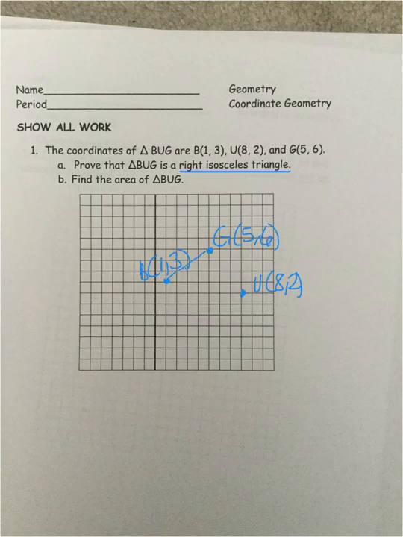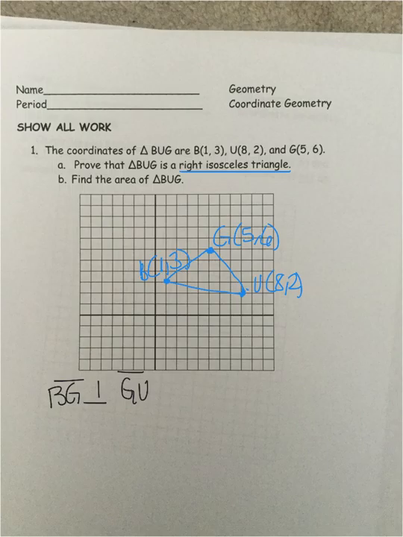Again, you use a straight edge. It looks like BG and GU are the perpendicular parts, and it looks like those two would be the two congruent sides.